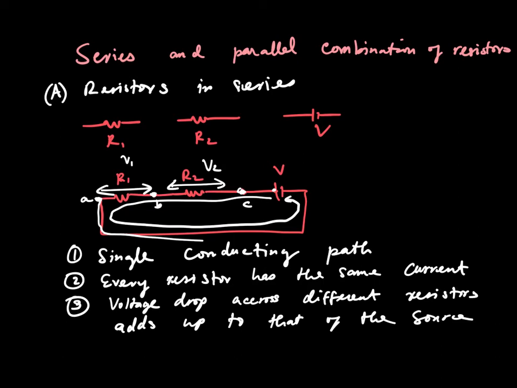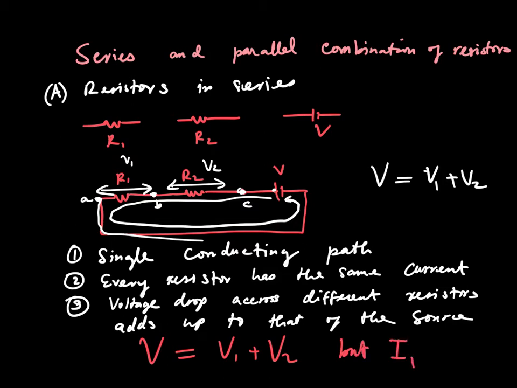Therefore, the voltage between A and C is simply V, which is equal to V1 plus V2. So for a series circuit, the voltage of the source V is equal to V1 plus V2, but I1 is equal to I2. So the voltage doesn't have to be the same for the different resistors, but the current must be the same.